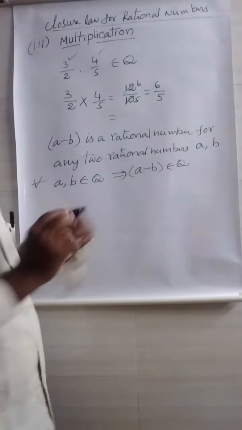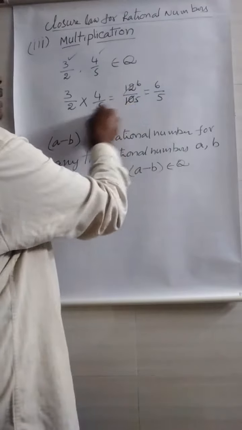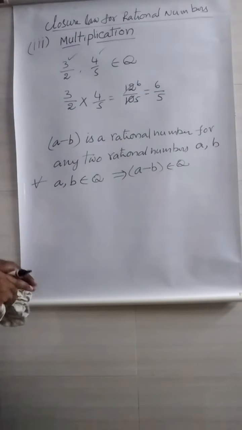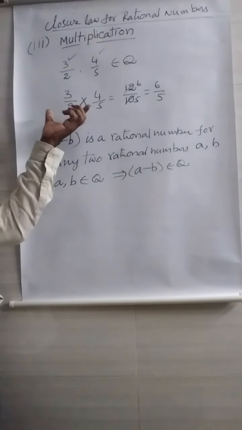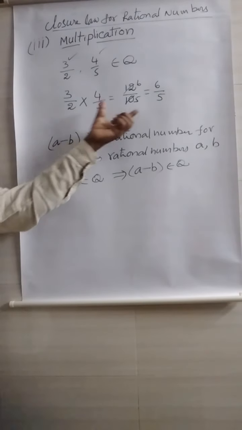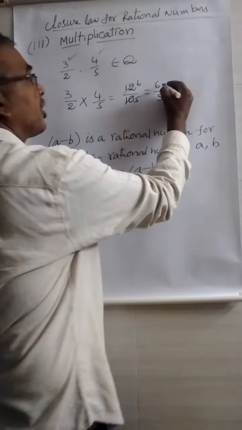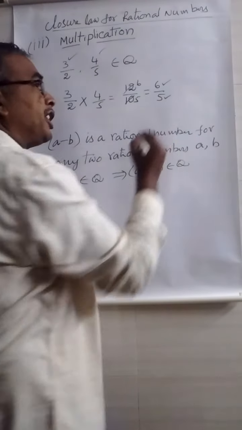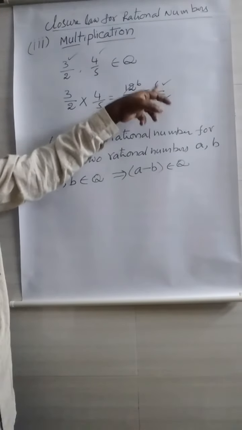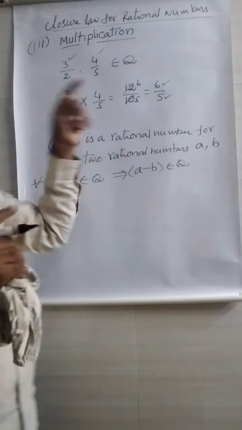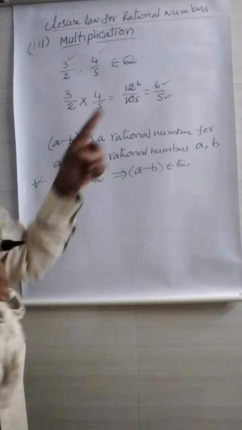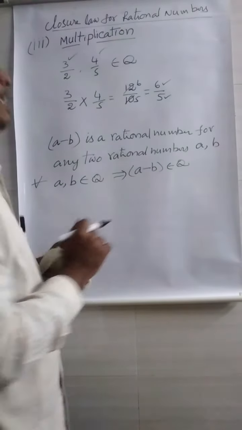That means what do we get? We take 3/2 and 4/5. We multiply those two rational numbers. Finally, what we get? 6/5. Here you may observe 6 is an integer, 5 is also an integer, and this is in the form of p/q. When numbers are expressed in the form of p/q, then it is a rational number.